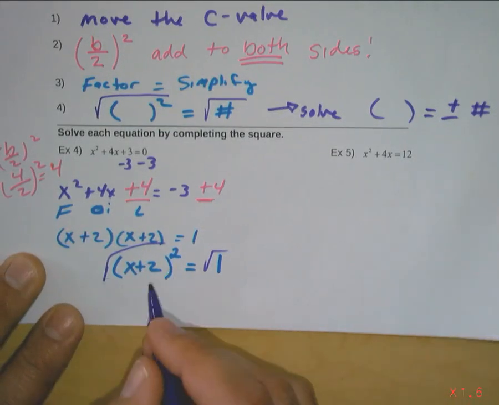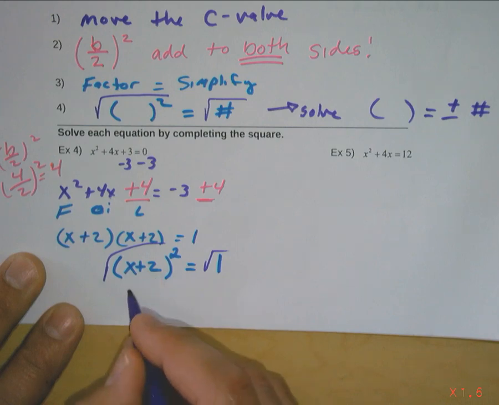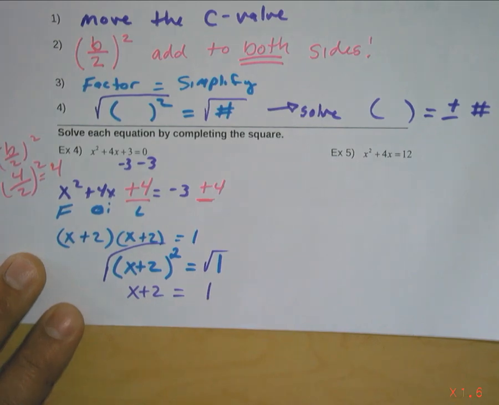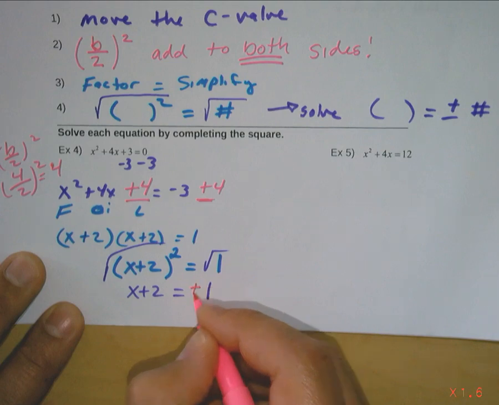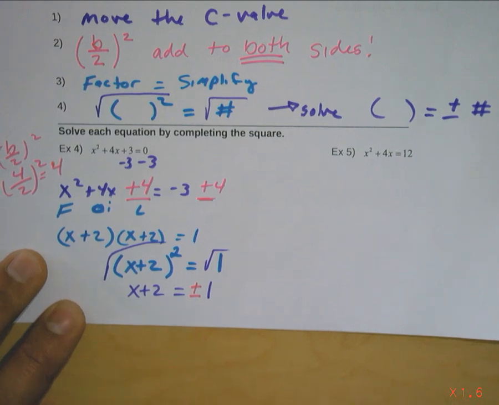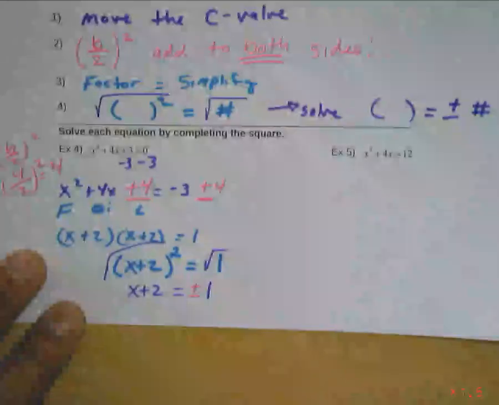So I square root this quantity squared. I should get x plus 2. And the square root of 1 we know is 1. But Mr. Gotch always says, don't forget the plus or minus. The square root of 1 is 1, but don't forget the plus or minus sign. Okay?